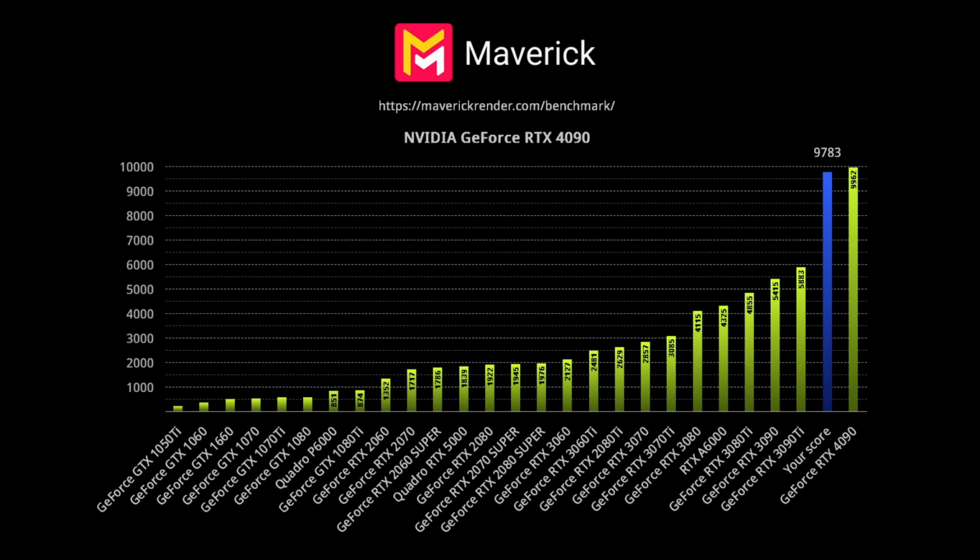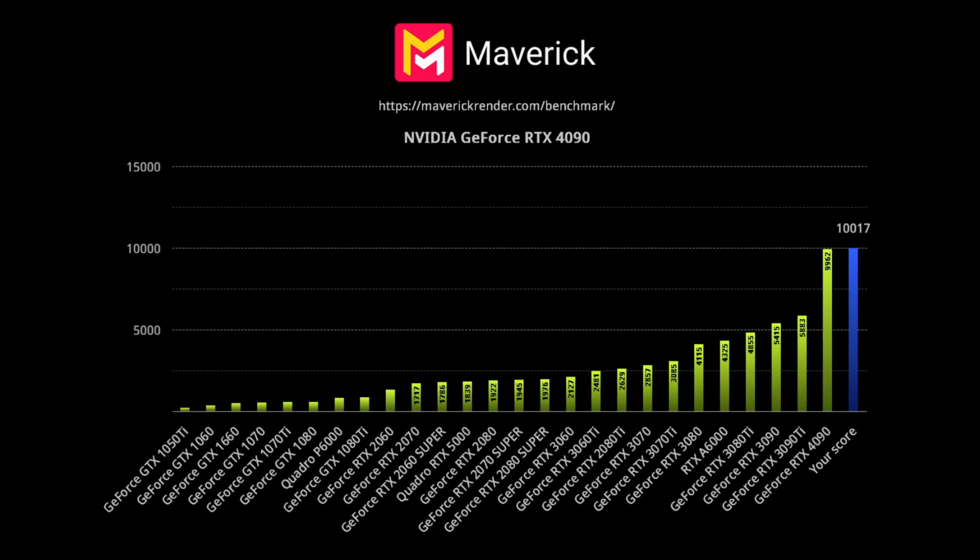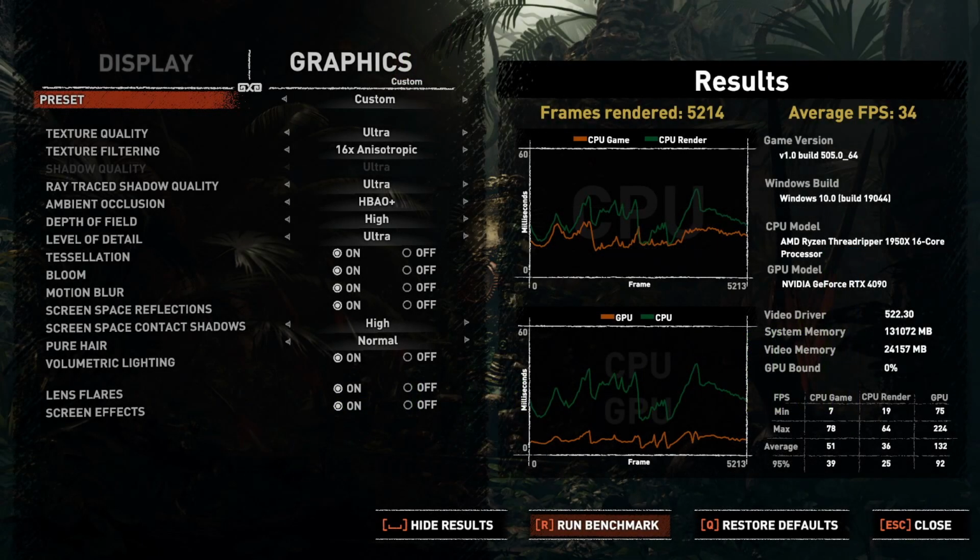Another slide again from Maverick render benchmark, and as you can see I had a slightly lower score compared with the official RTX 4090, but after overclocking it I surpass 10,000 points, which is higher than official score. And last benchmark set is for Tomb Raider.